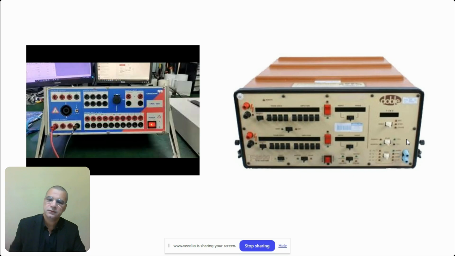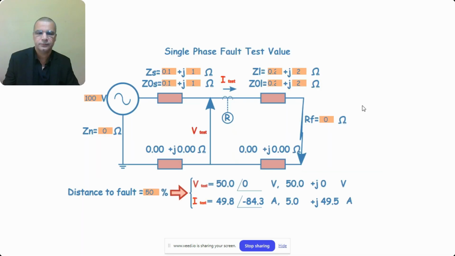On the left-hand side, you can see the Omicron CMC 156, which I used quite extensively, and the CMC 256 to some extent. On the right-hand side, you've got the Doble F series, the 2500, if my recollection is right. That was a single-phase unit.